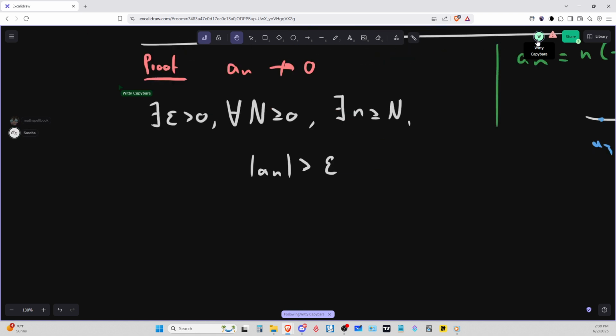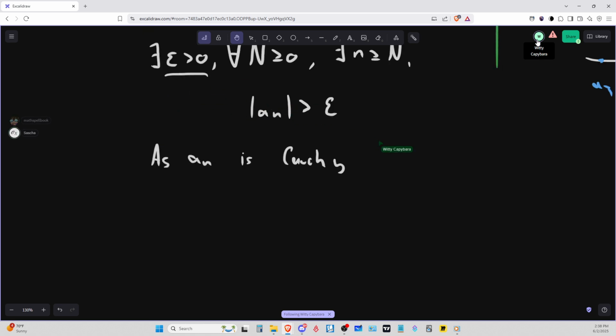So what we're going to do is use the fact that a_n is Cauchy. And now I'm going to use the epsilon that I have here. I'm going to use epsilon over two, using the one above.